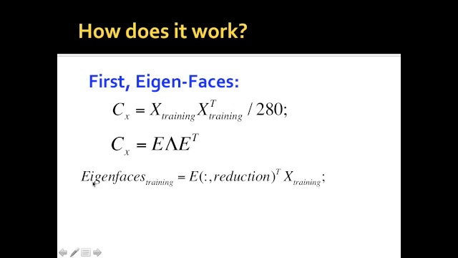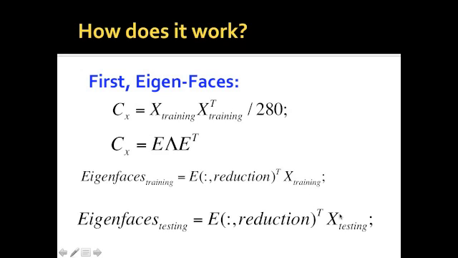So this is the feature set. The projection is the feature set of Eigen-Faces training. Likewise, we projected testing images on the same subspace by Eigen-Faces. I say same, really the same, because I wasted a lot of time. I used the eigenvectors of the testing image, but no, this should be the same space.